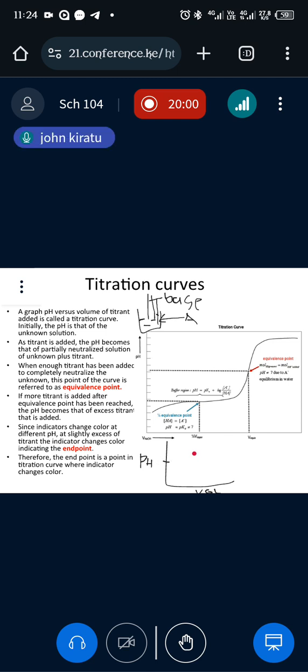Anyone? Your sample is an acid, then your standard is a base. You want to start measuring the pH. Is the pH greater than 7 or less than 7?